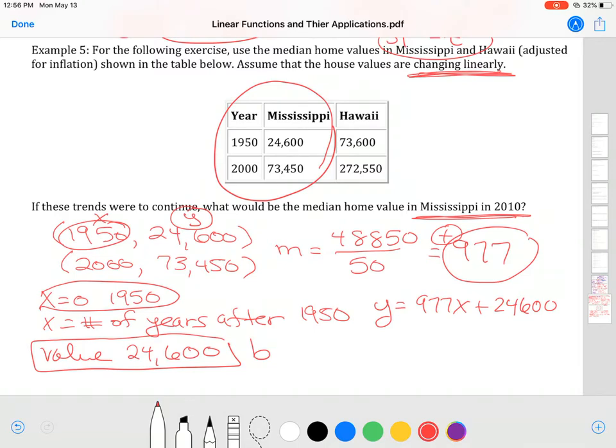So if we want to find the value of the house in Mississippi in 2010, that's going to be 60 years after our initial point. 1950 to 2000 would be 50, and then another 10 years, that would be 60 years, would be 2010. So I'm going to put in 60 for x.